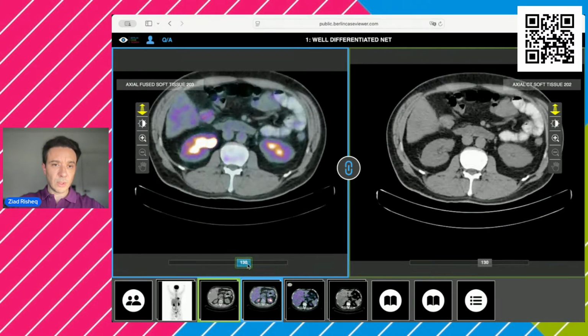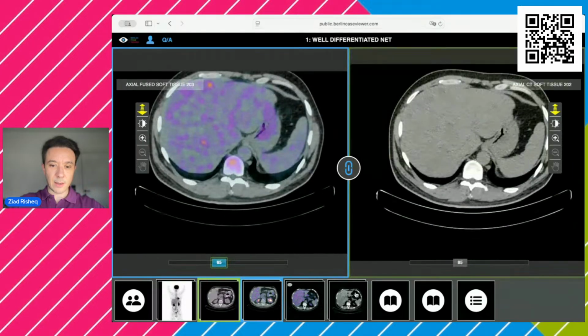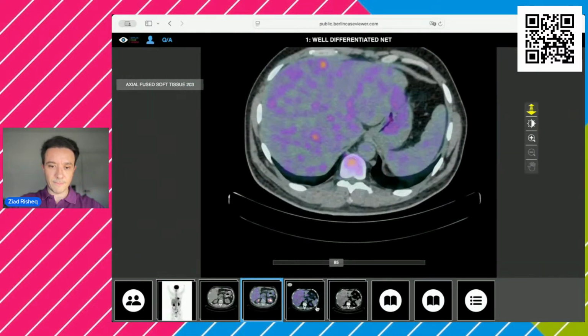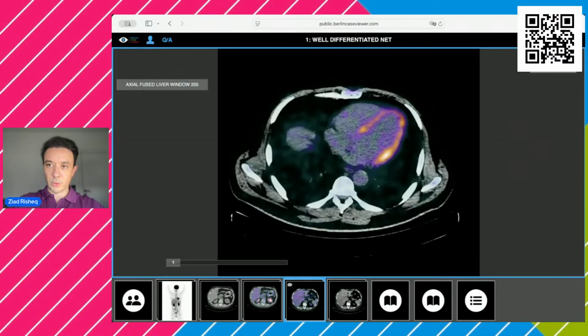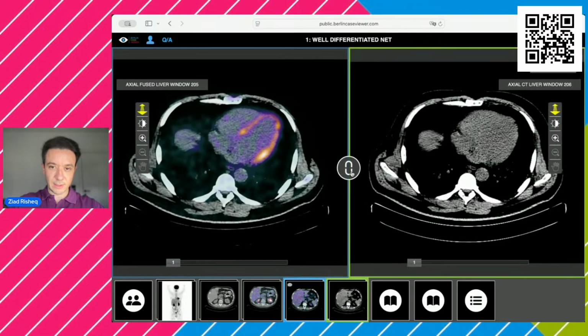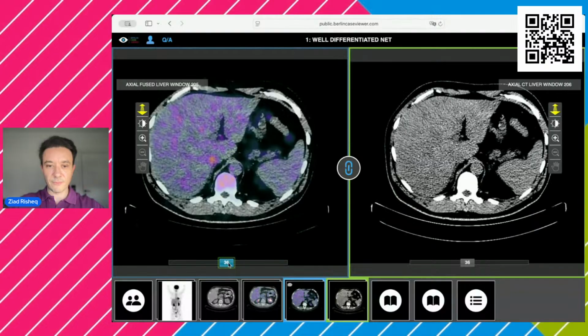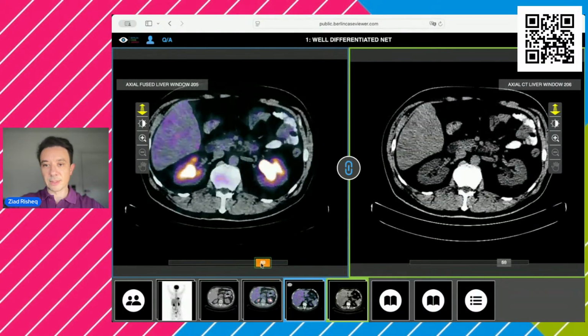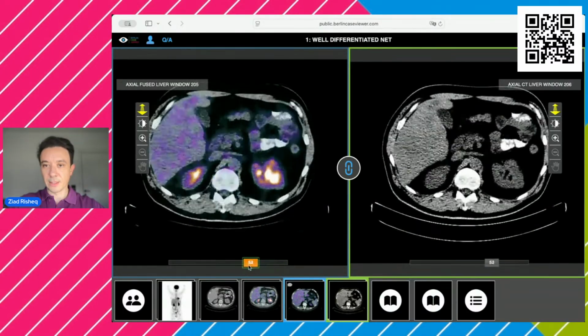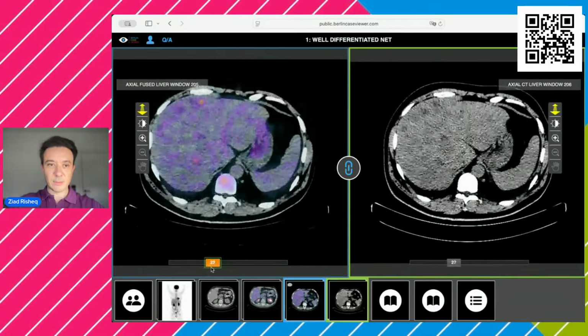So when we look again at the liver window, we can maybe see the liver lesions in a better way. As you can see now, we have numerous variable-sized hyperdense hepatic lesions. Some are showing mild uptake.